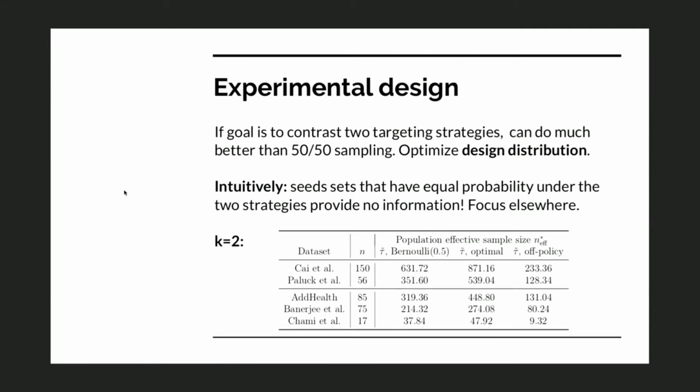There are clever things you can do if this is your specific question. If this was the research question you're interested in, and you're going into 100 villages, you shouldn't just flip a coin and do strategy 1 or strategy 2. The most intuitive explanation for why is that if there's a set of, say, 5 individuals that are equally likely under both strategies, finding out what the outcome is under those strategies doesn't tell you anything about the difference.